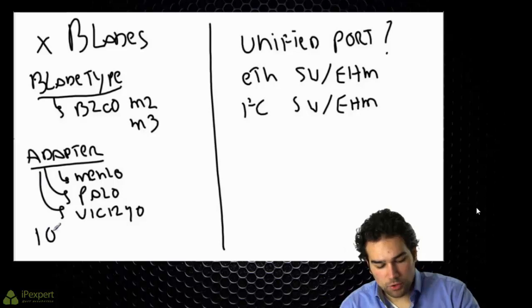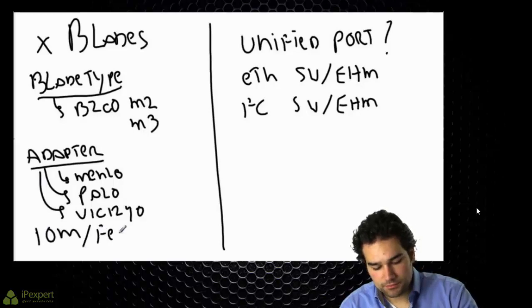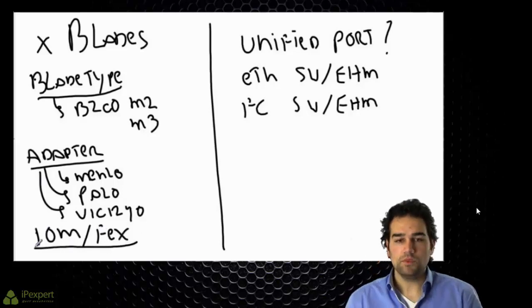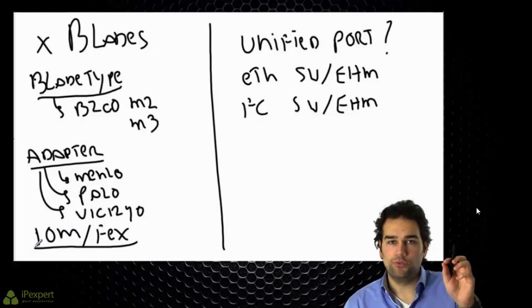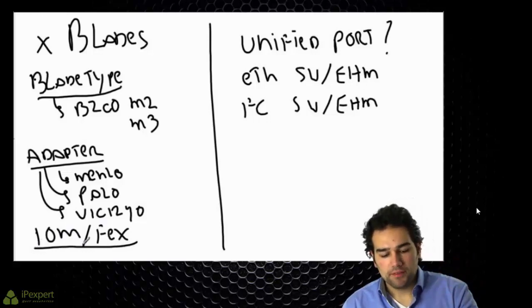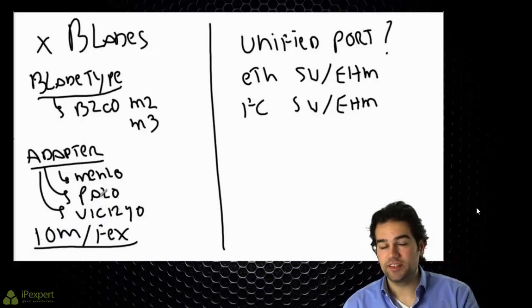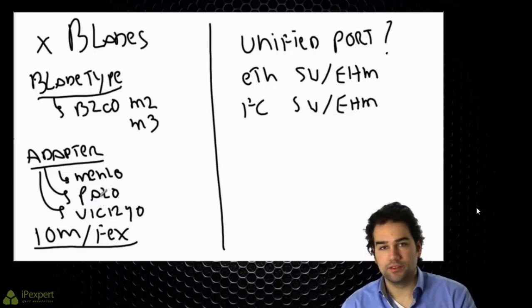What are my I/O modules or FEXs? Because that changes things. If I'm running a 2200 fabric extender, a 2204 or a 2208, that changes how many interfaces I need to allocate as server interfaces. That changes my chassis discovery policy. It changes everything.